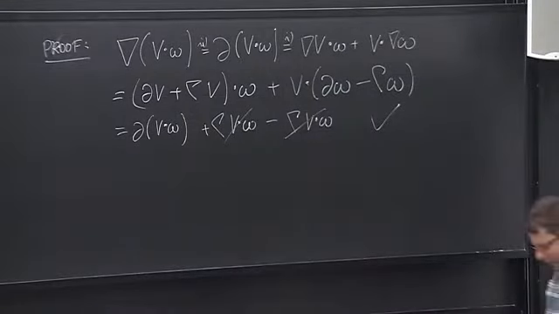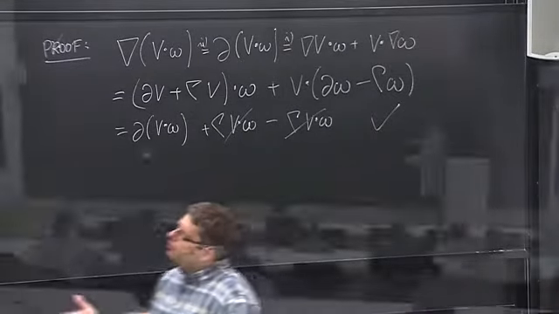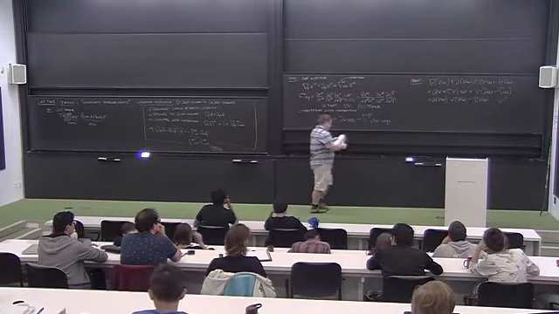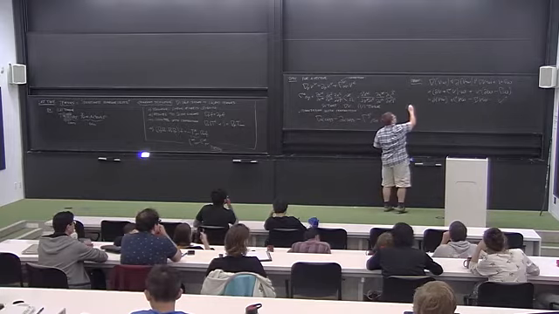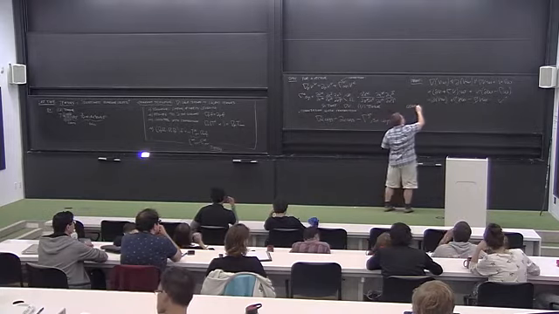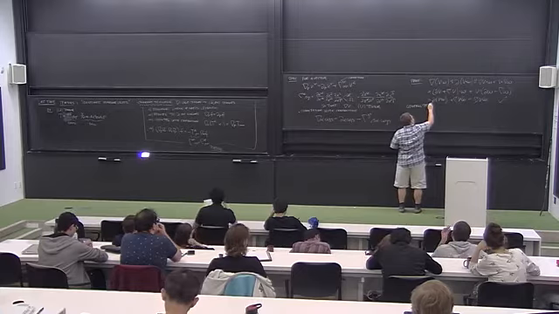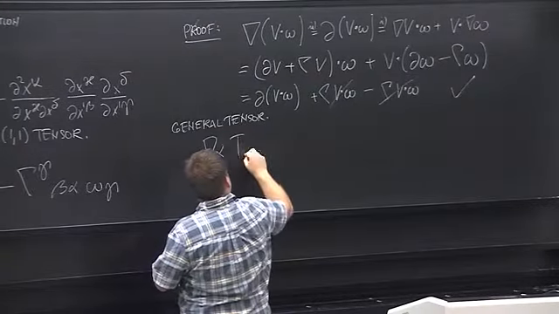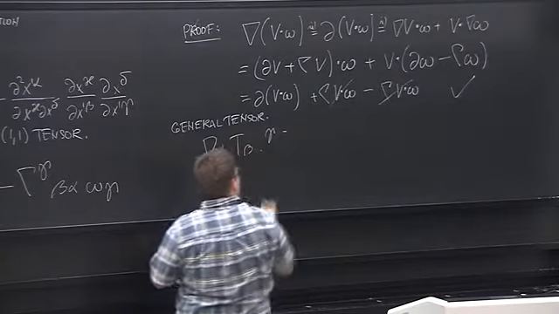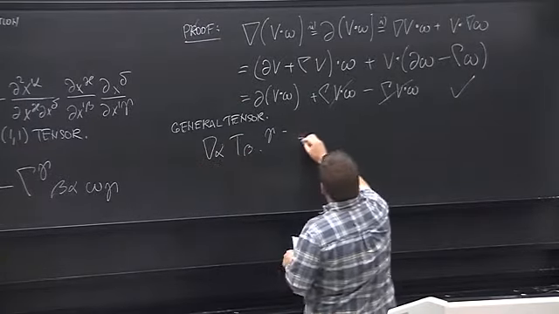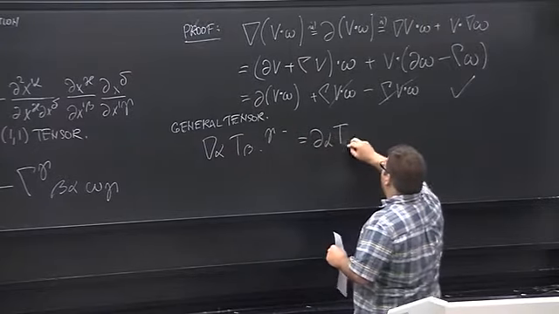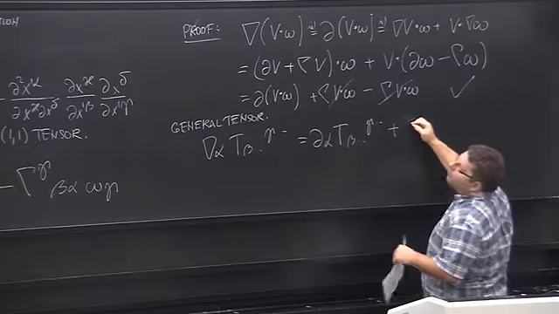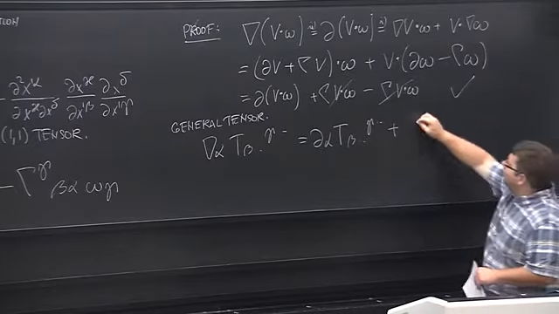Okay. So then for a general tensor, of course, it acts on each index separately. So general tensor. The covariant derivative, nabla alpha, T beta, and then I have some indices up as well, is simply d alpha, T beta, gamma, and then for indices which are up, I have a plus gamma term.